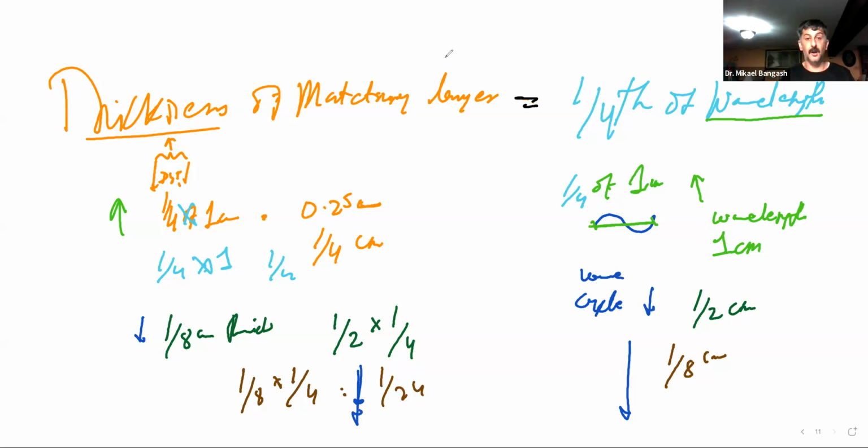So the thickness of your PCT is equal to 1/4 of your wavelength.